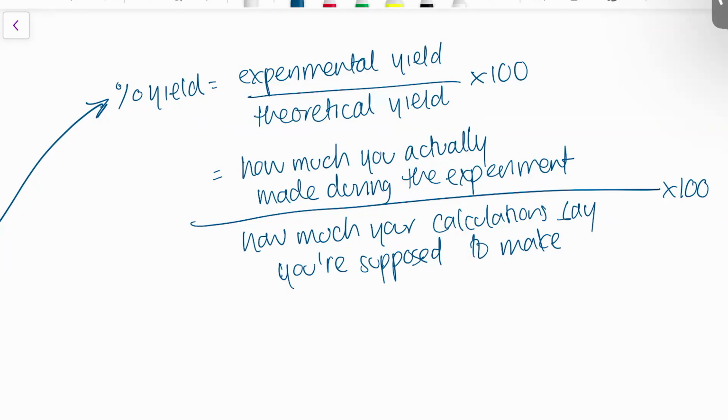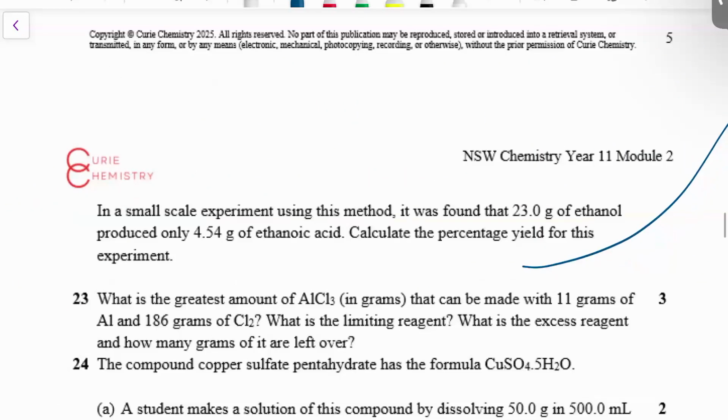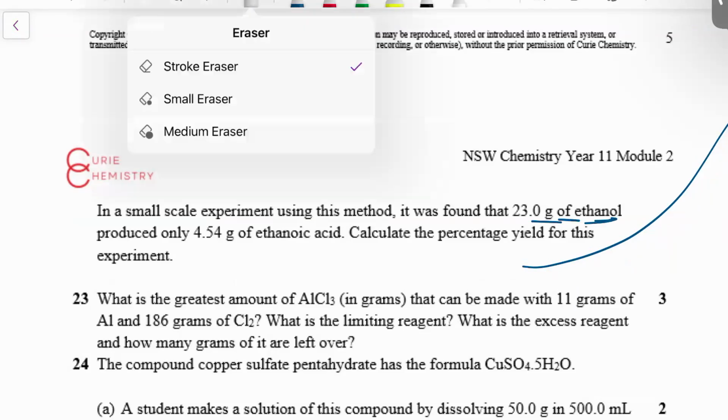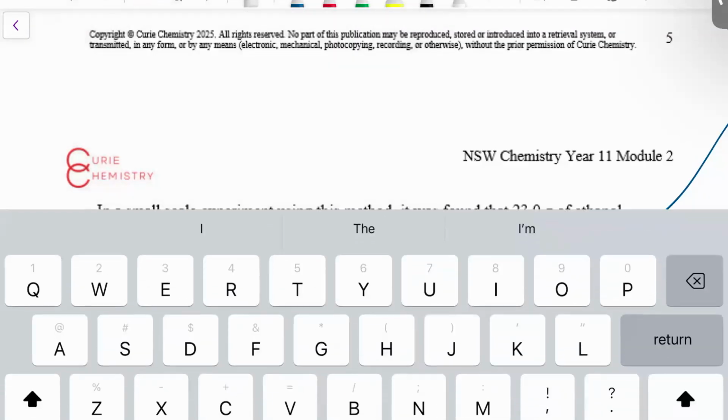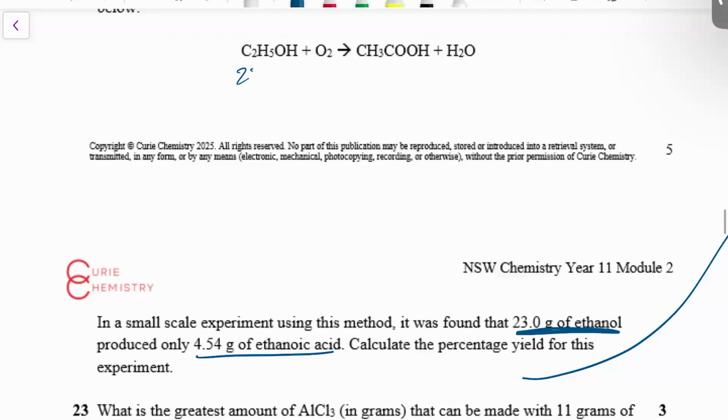So they've told you in here that they reacted 23 grams of ethanol. And sorry, they only produced 4.54 grams of ethanoic acid. This is how much they reacted, and the experiment, EXP, I'm just shortcutting for experiment, only made 4.54 grams.